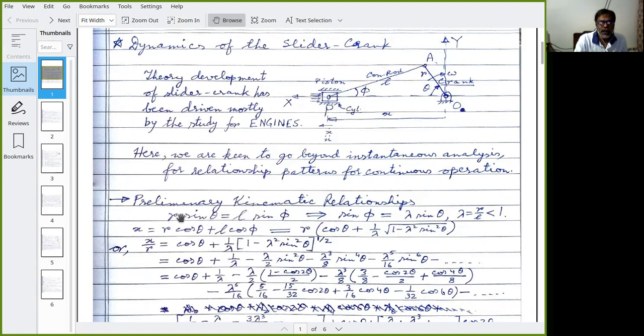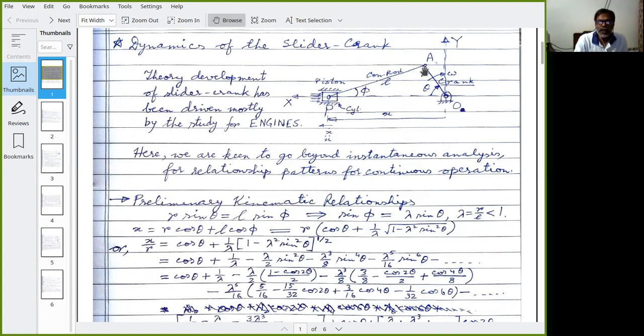And this r by L, that ratio is the mechanism parameter, so that is lambda, and that is less than 1. Because we know that for full circle rotation of the crank, we need r to be less than L. So r by L is less than 1. The typical ratio is 1 by 5, 1 by 7, like that.